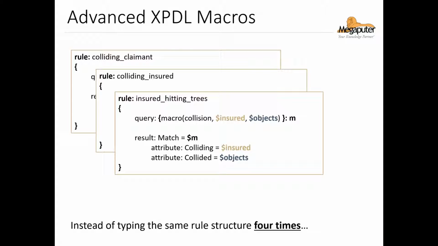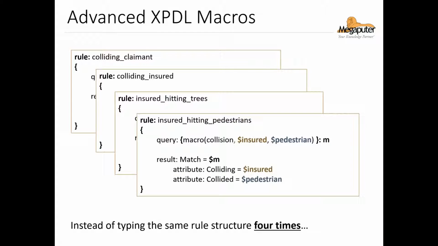What if we want someone hitting an object, like a tree, for example? Well, let's use a different name group here. Or if they're hitting a pedestrian, just add the pedestrian name group. So this was minimal effort on our part. All we had to do was create 4 rules, and we're just swapping the name groups being used in the order of that PDL macro.